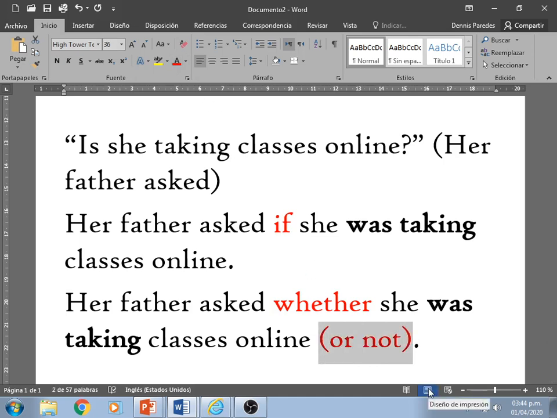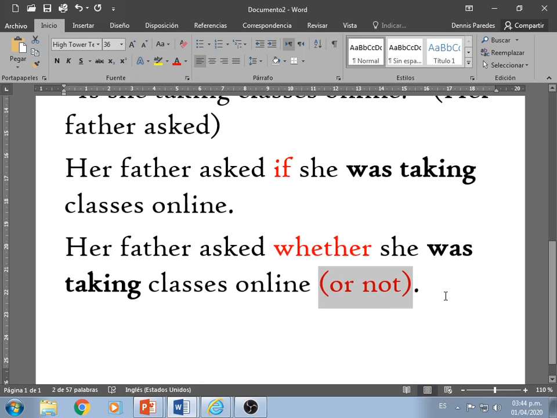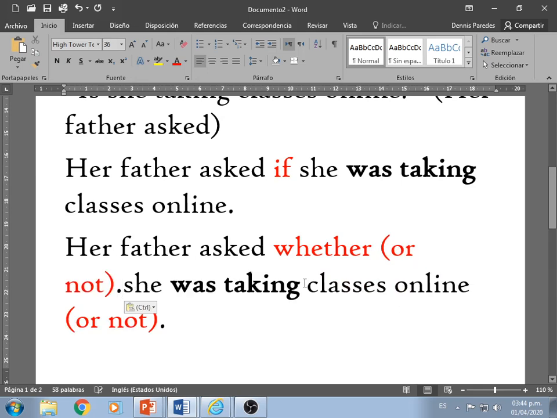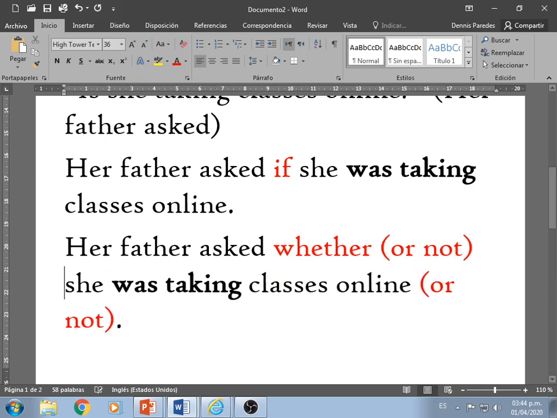You can omit it or you can leave it. And this or not can also be added right here. So you can say her father asked whether or not she was taking classes online, or her father asked whether she was taking classes online or not.